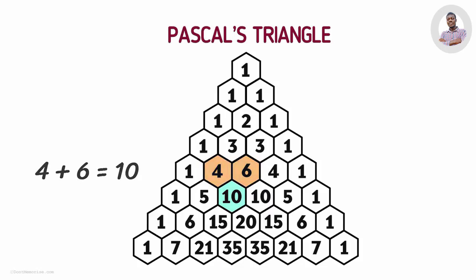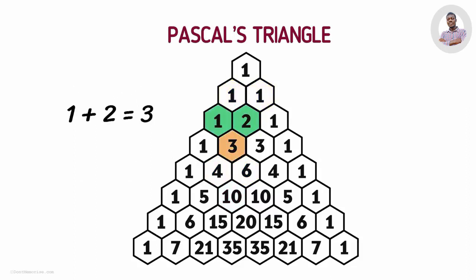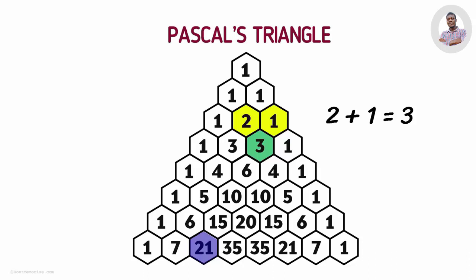Notice that 2 is the sum of 1 and 1. This 3 is the sum of 1 and 2. 3 is the sum of 2 and 1. 21 is the sum of 6 and 15, and so on.